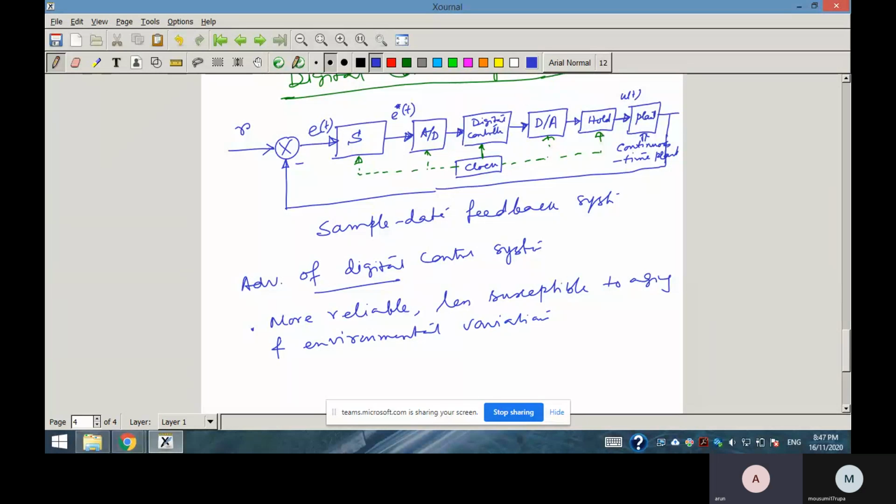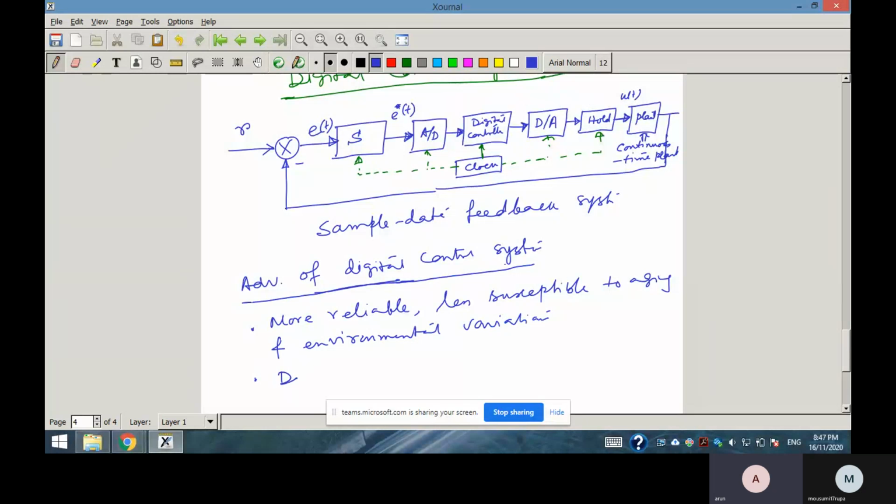So environmental variation due to aging will not affect a digital control system. Why? Because aging effects will be there in the plant, but in the controller, if you implement it digitally, those effects will not be there. So this is one thing.